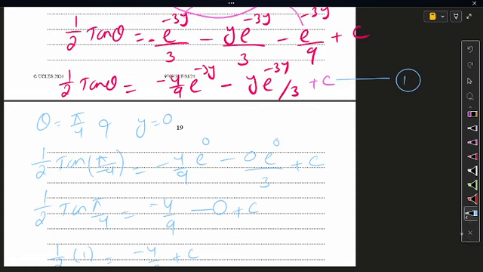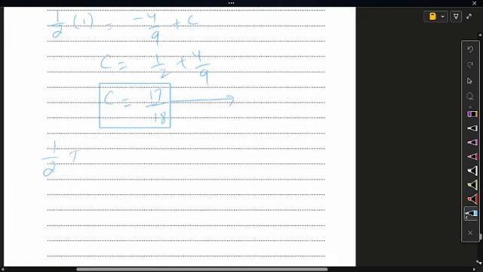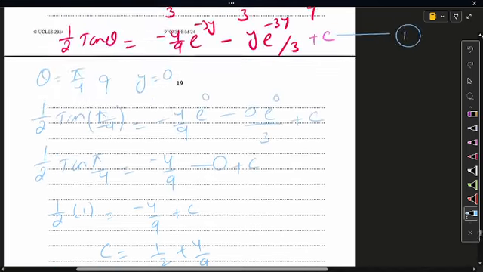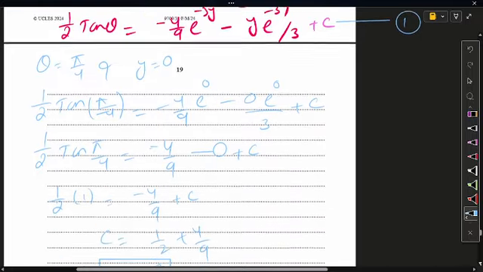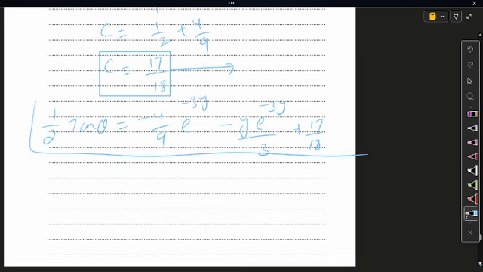So your final answer reduces to 1 by 2 tangent of theta, which is equal to minus 4 by 9 e raised to the power minus 3y minus y times e raised to the power minus 3y by 3 plus the value of c, that is 17 by 18. That will be the final answer.